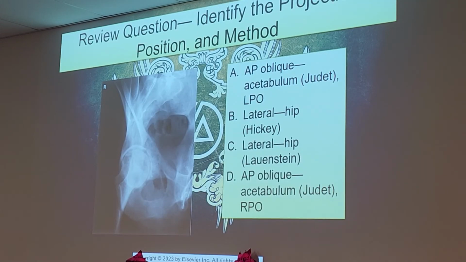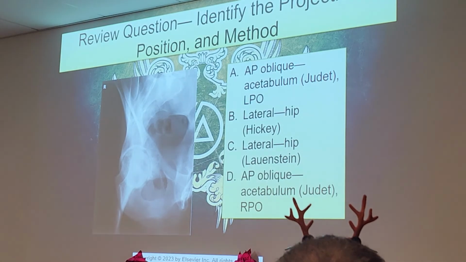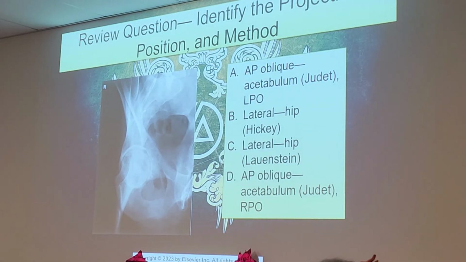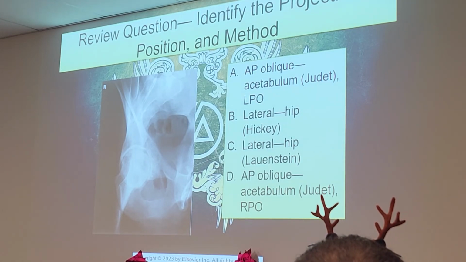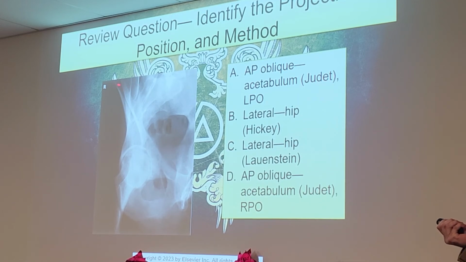All right, what are we looking at here? That's an LPO. Why is it A? Because I know it's an acetabulum, and we just did RPO. If you hadn't seen the one before, what's the big difference we see here? The obturator foramen is now open, and see how the ala has superimposed on itself.